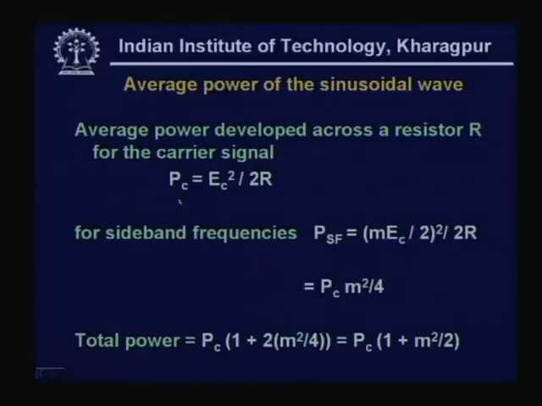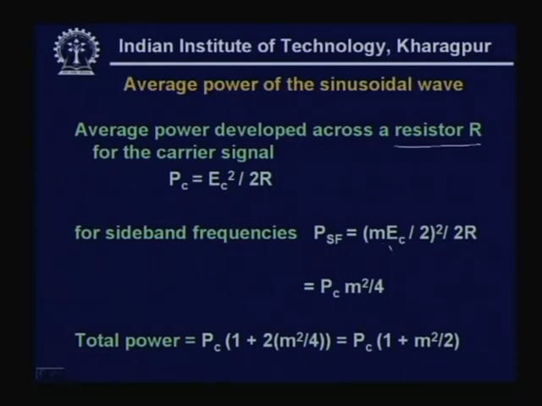Let us assume that the power is developed across a resistor of value R. Then for the carrier, the average power is equal to Ec square by 2R, and for the sideband frequencies, this is for a sinusoidal wave, for any one of the sinusoidal frequencies, the voltage is mEc by 2. So, that is V square by 2R.